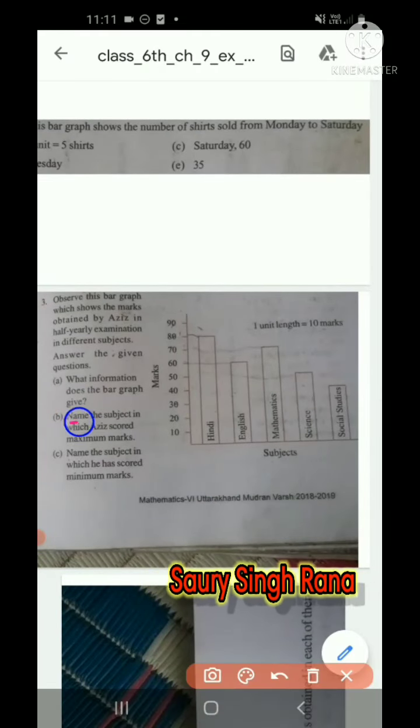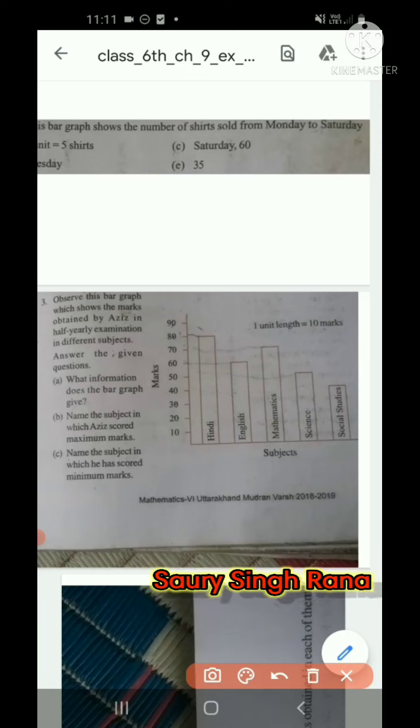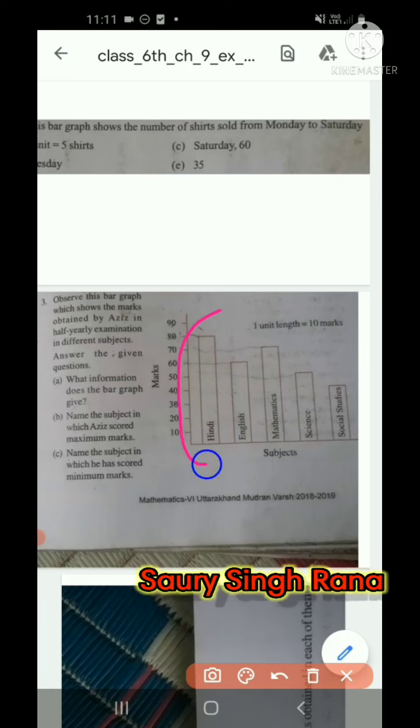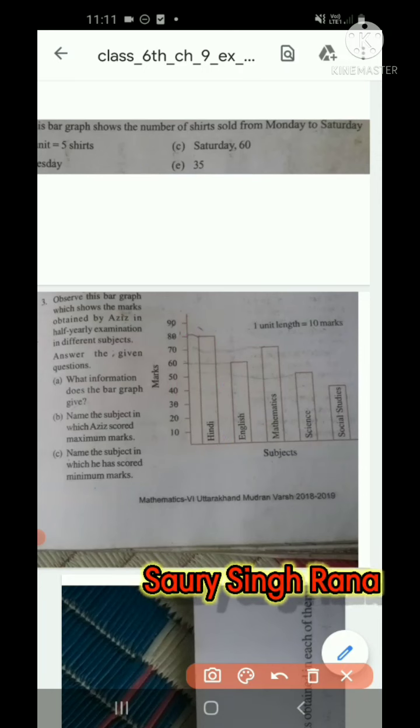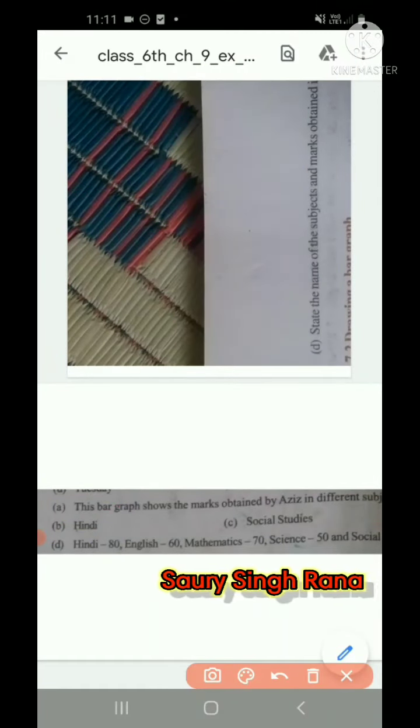B part. Name the subject in which AGs scored maximum marks. So when we see, we have Hindi. In this subject he scored 80 marks. So our answer is Hindi.